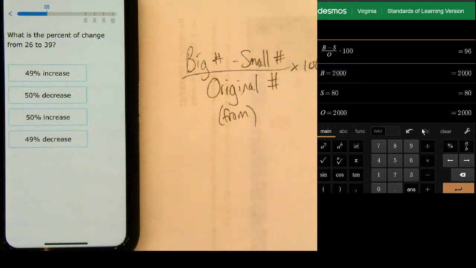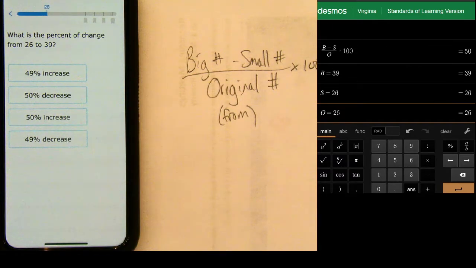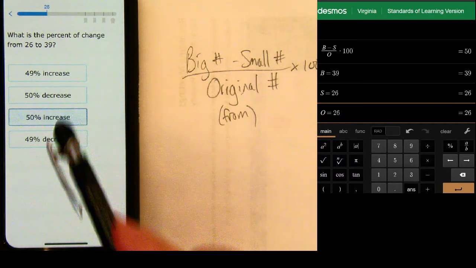For the next one, it has from 26 to 39. So we're going to say our big number is 39, our small number is 26, and it is increasing since our original is 26, and so it's going to be a 50% increase.